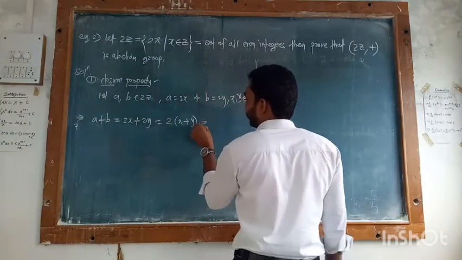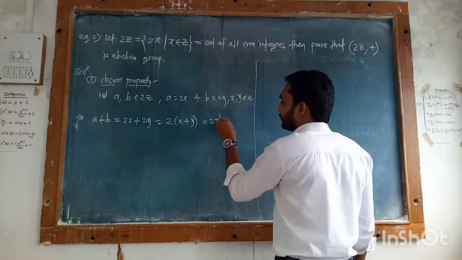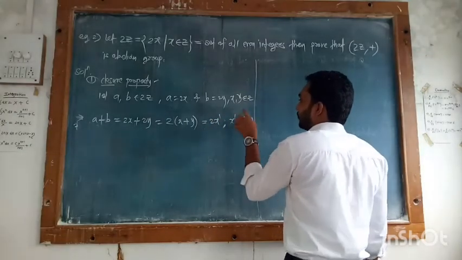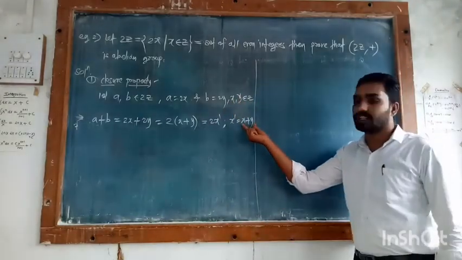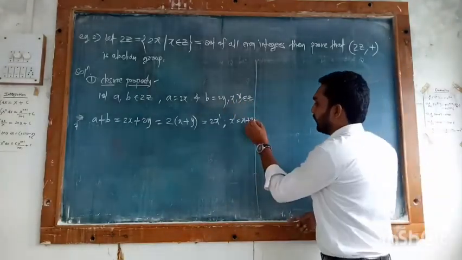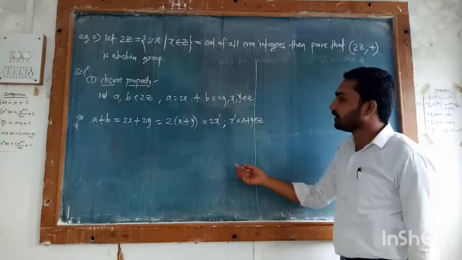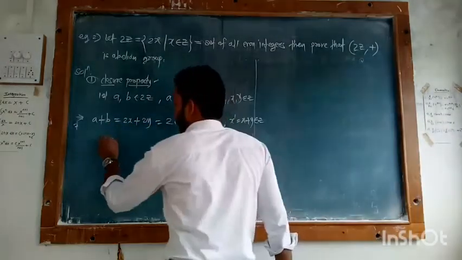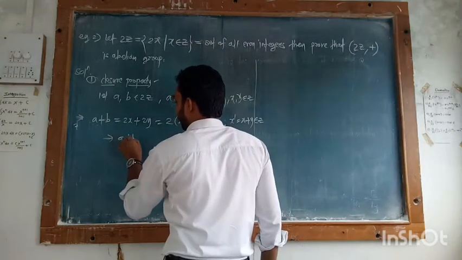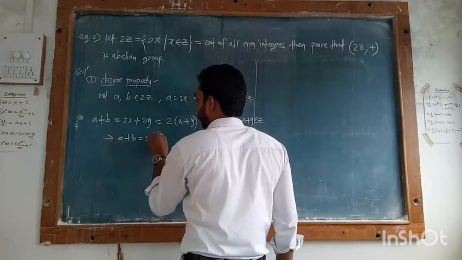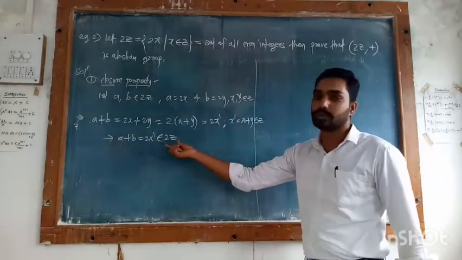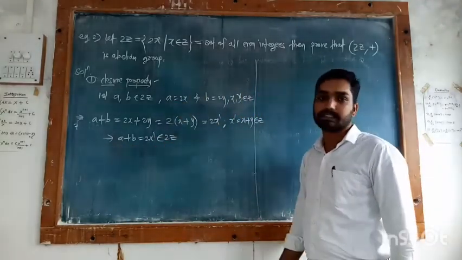Call that 2x dash, where x dash is x plus y. Now x is an integer, y is an integer, so the addition is also an integer, called x dash, and x dash is also a member of Z. So we get A plus B equal to 2x dash, which is a multiple of 2. That means A plus B belongs to 2Z. Therefore the closure property is satisfied.